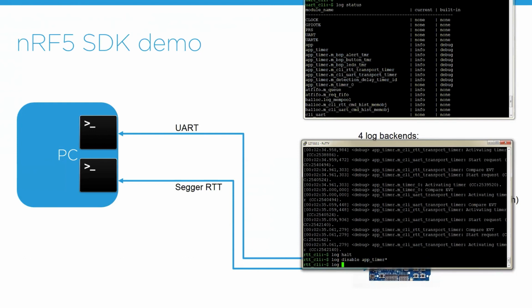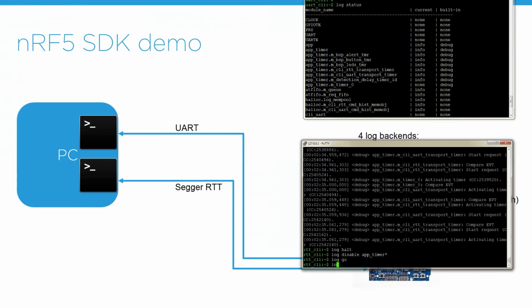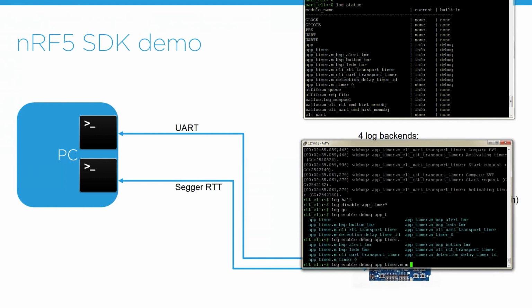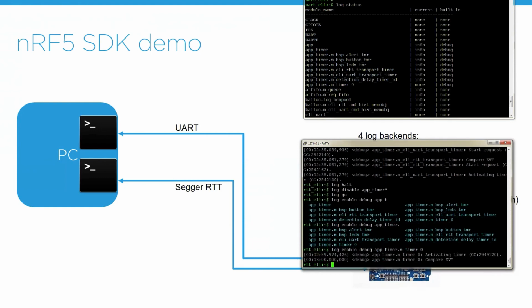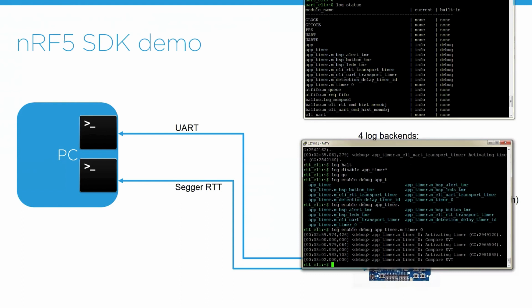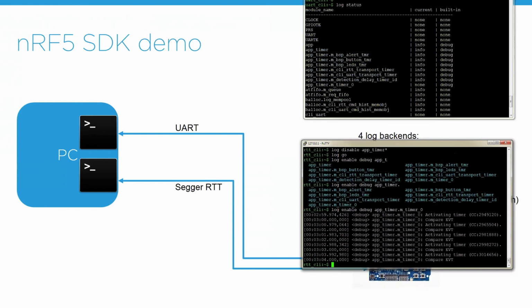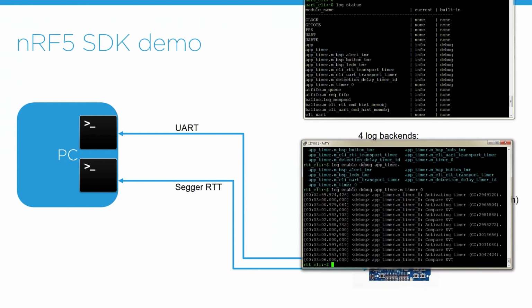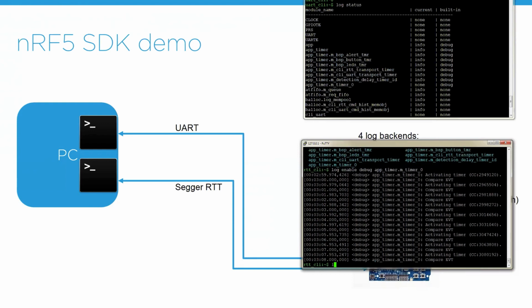Maybe we only wanted to see the logs from one instance. And as you can see now, I can, for example, enable the logs on one instance of this module. So this is quite handy.